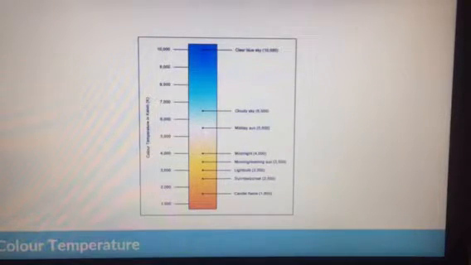So before we look at different color temperatures, I do need to talk about the term daylight. Daylight is a term you're going to hear quite often in relation to photography, and it's not just to do with a time of day, but daylight refers to a color temperature, a color that has no color cast. So daylight is essentially when there's no color in your light that's creating a color cast.